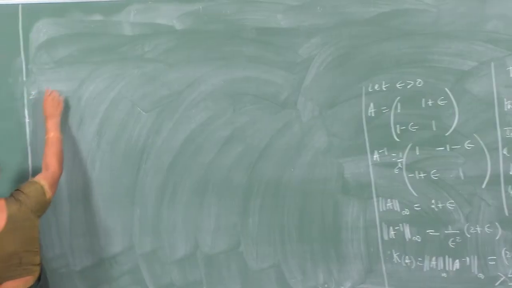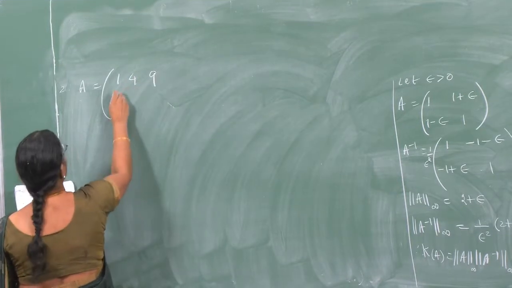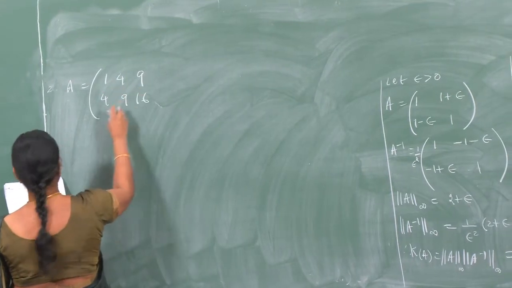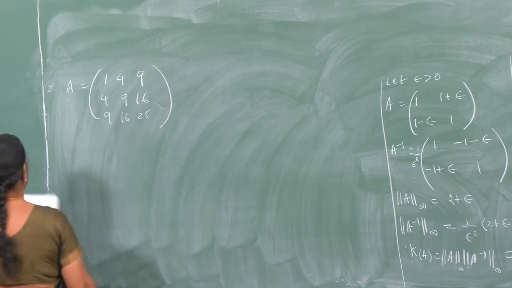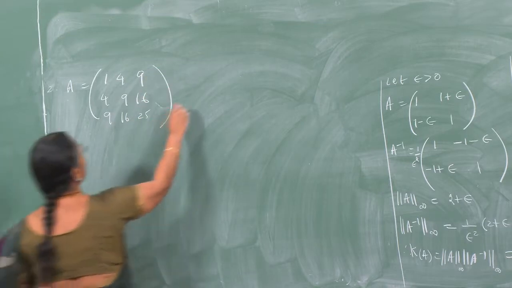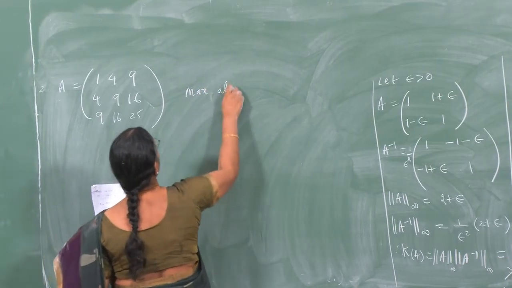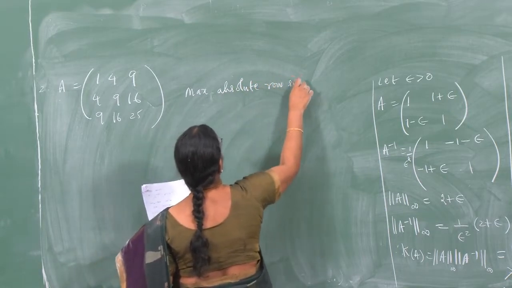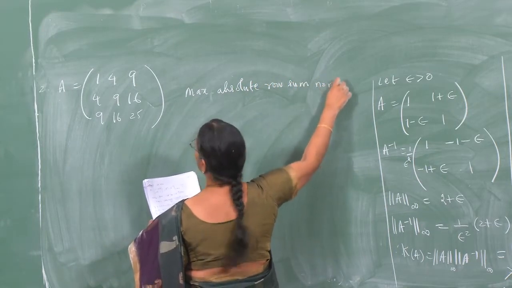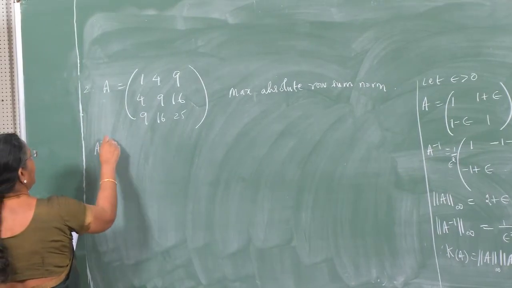Suppose matrix A is 1 4 9, 4 9 16, 9 16 25. Use the maximum absolute row sum norm and compute the condition number. So, I require A inverse.